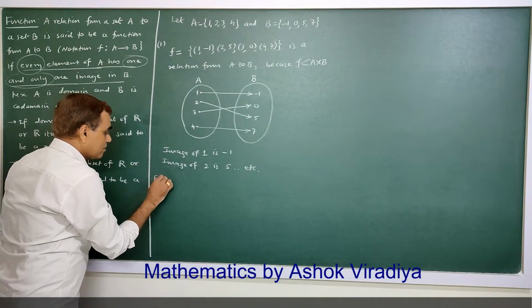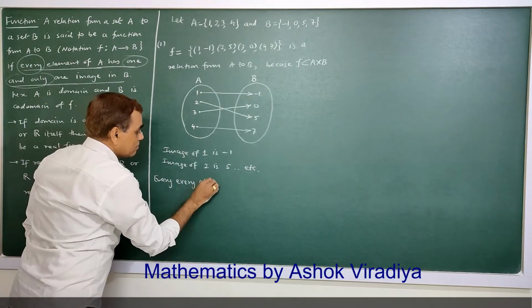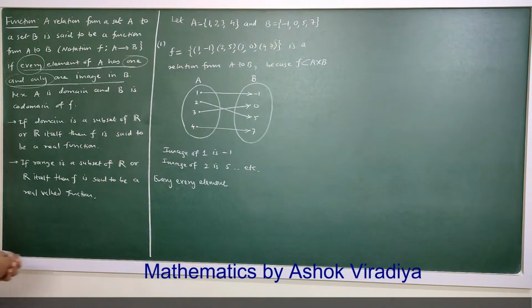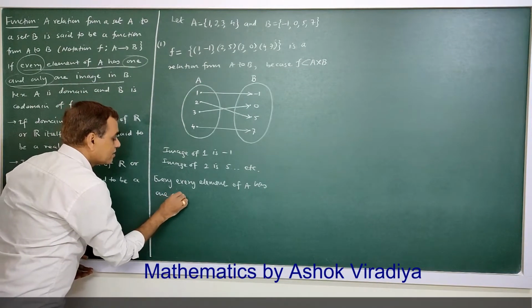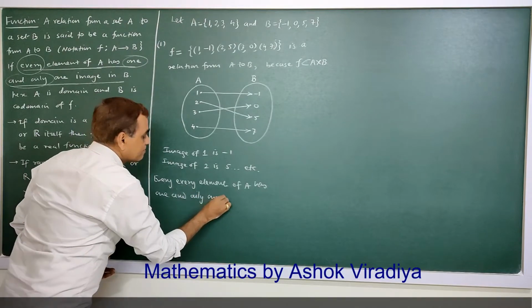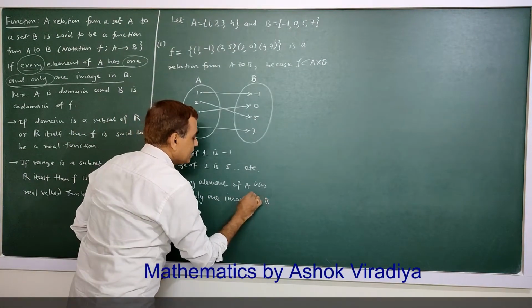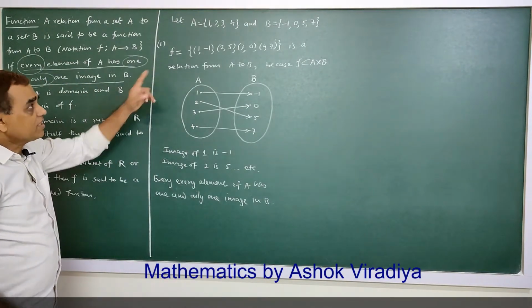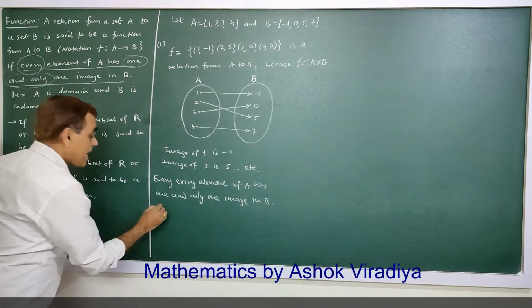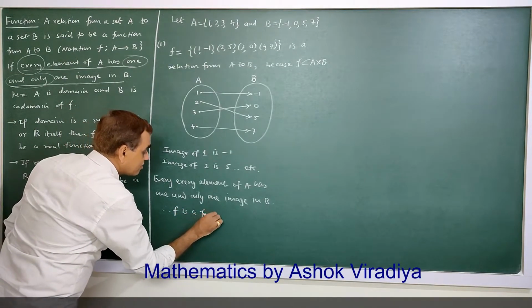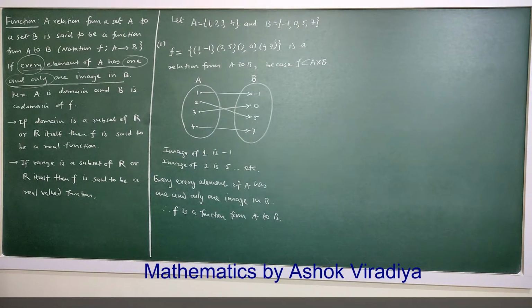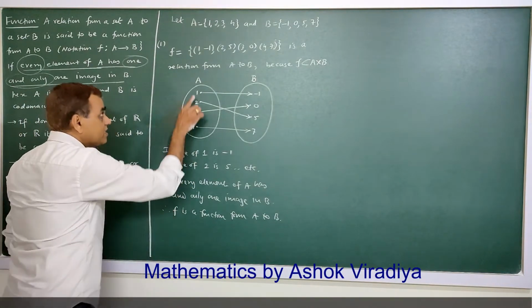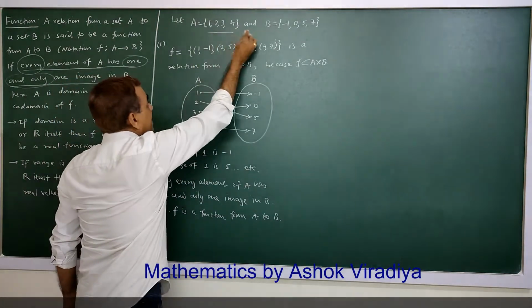Every element of set A has one and only one image in B. So this relation is a function from A to B. So F is a function from A to B. Here A is the domain and B is the codomain.